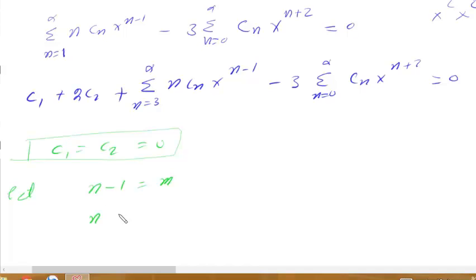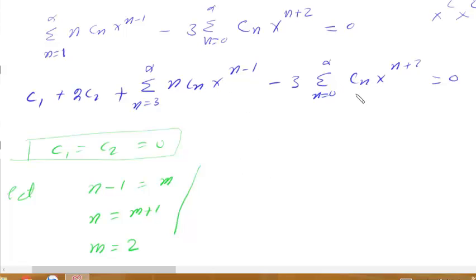Then n = m + 1, and the limit of m starts when we put the value of n here. Then the limit of m starts from 2. This is for this term.